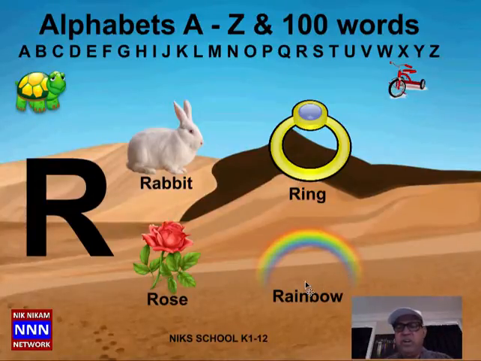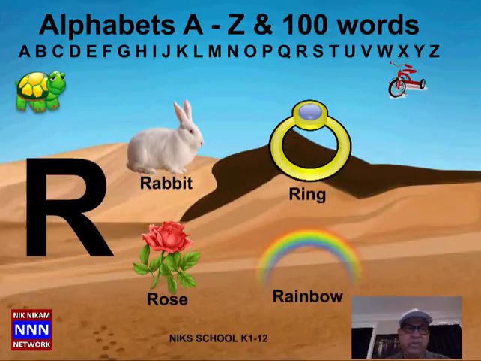You should watch it the next time it rains. Ask your mummy to see if you can see a rainbow. This is a rainbow. Look at how many words start with R: rabbit, ring, rose, rainbow. Oh, this is a lot of fun, I tell you.